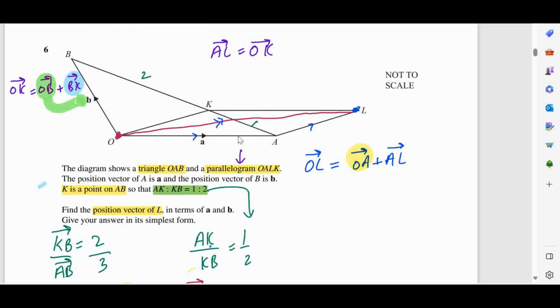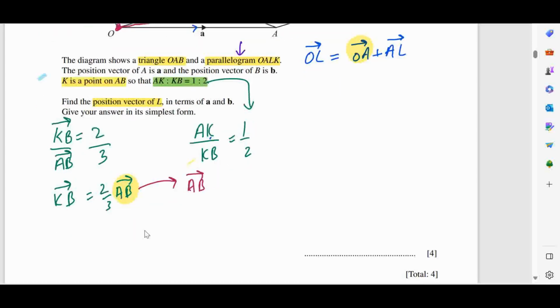For vector A to B, this is point A, this one is point B, this one is O. If we want to find vector AB, this will be equal to AO plus OB.